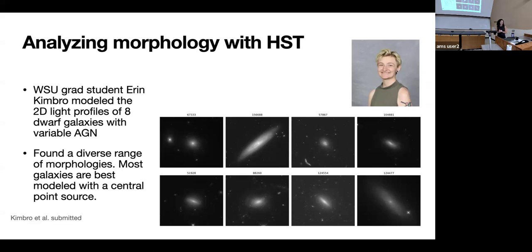Erin found a very diverse range of morphologies, or shapes, for these galaxies. Some are really irregular, some are kind of spheroidal, some have a little bit of disc or spiral structure, but most of them are best modeled by including a bright central point source, which could be the active galactic nucleus. Erin actually just submitted this paper a couple of weeks ago.